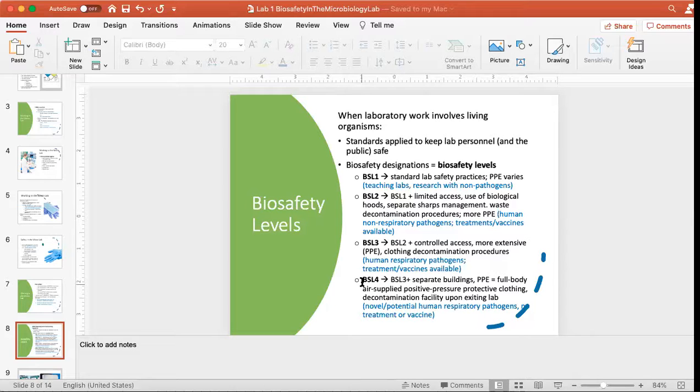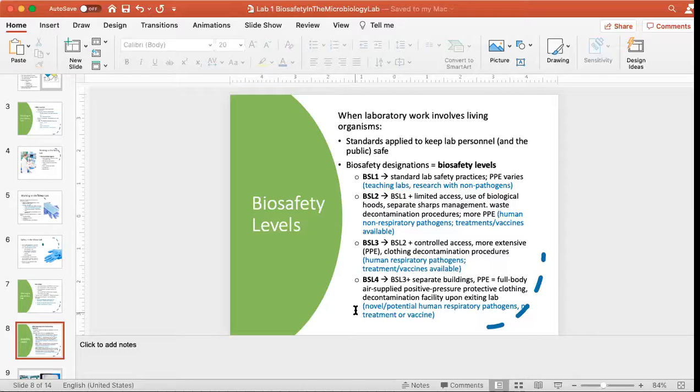BSL-4 labs are the highest hazard level. And as you can see, there's a long list of requirements for those labs, again, that you don't need to know. But you should know that BSL-4 labs handle respiratory pathogens that have no known treatment and no vaccine.